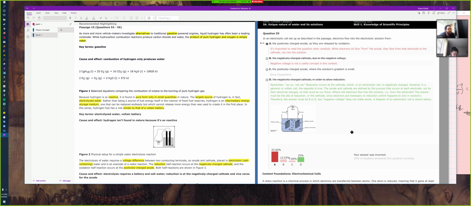So the solution is also acting as an anode or cathode? The solution is acting as, like, this is without a salt bridge. The solution acts as something that completes the circuit. Electrons are going from the anode, or rather, the battery is making it happen.